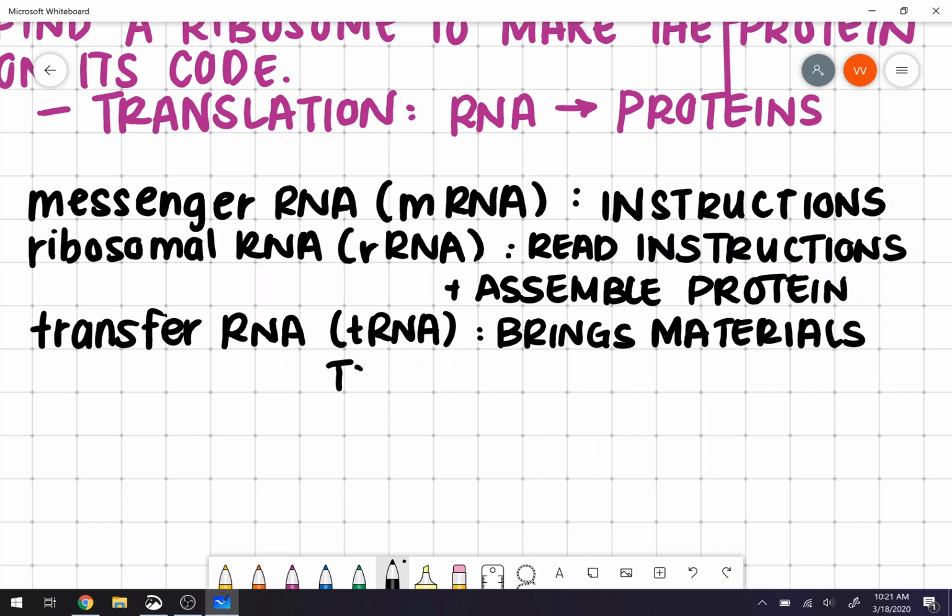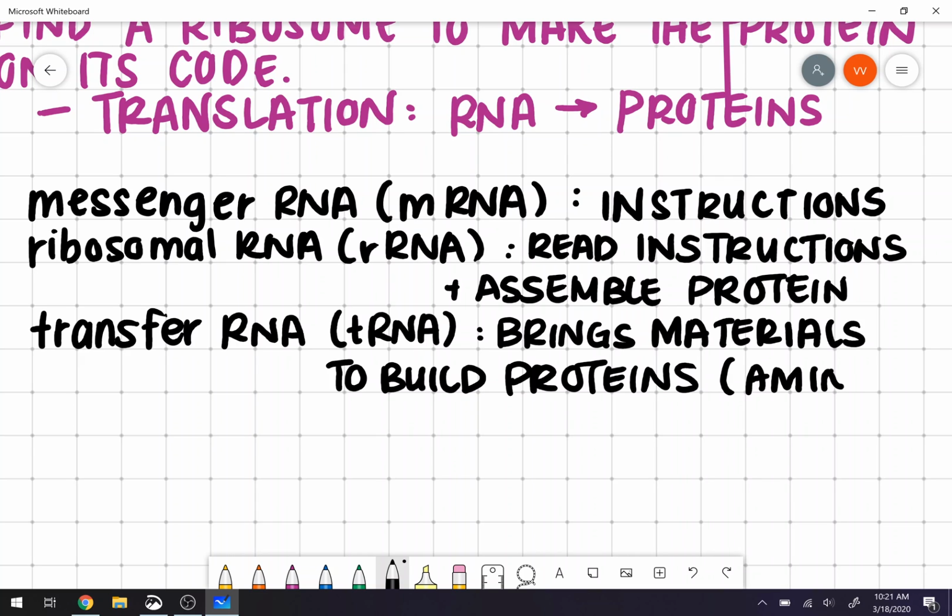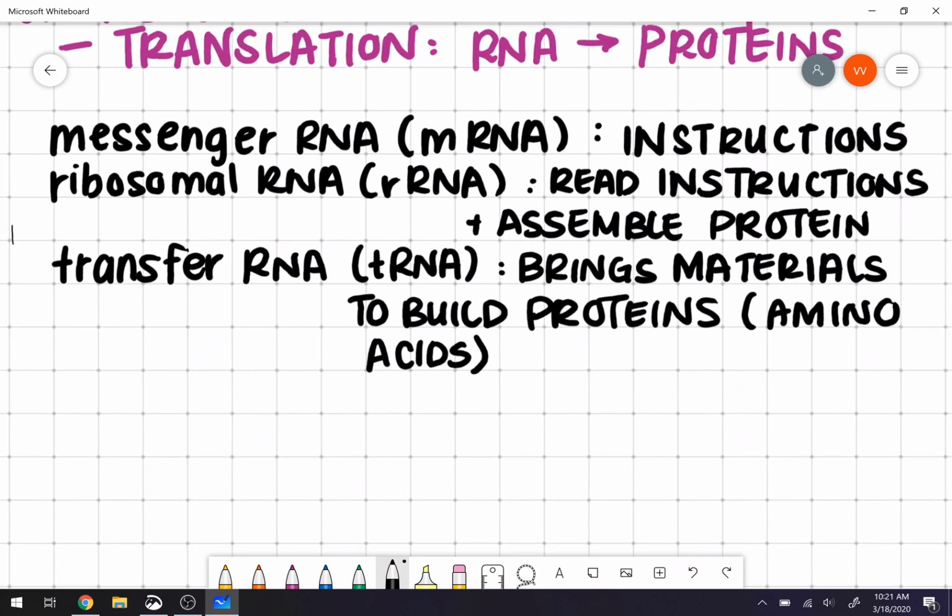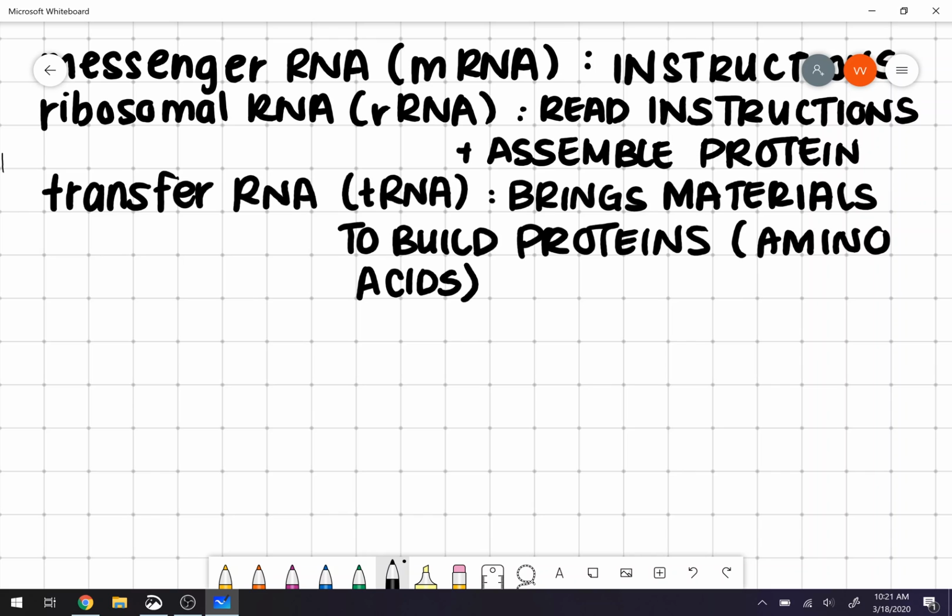And the materials that build the protein are called amino acids. Okay, so it's going to bring amino acids over. So let's look at how translation works.